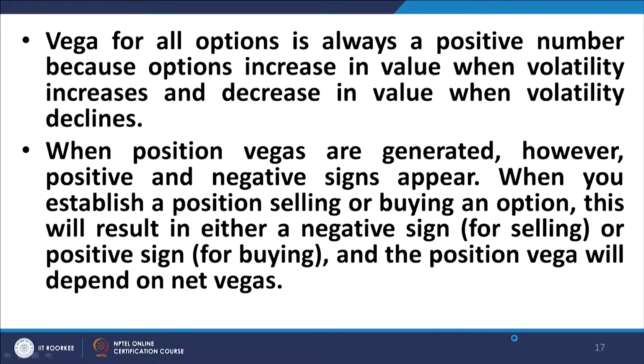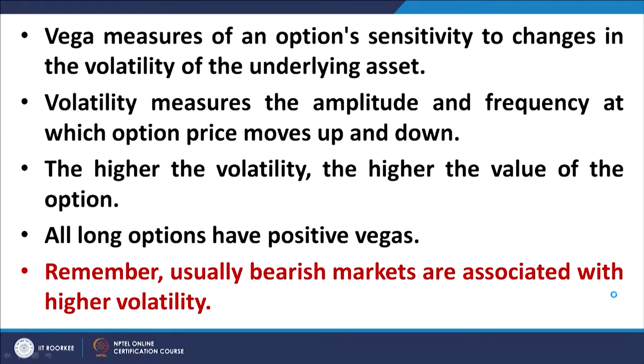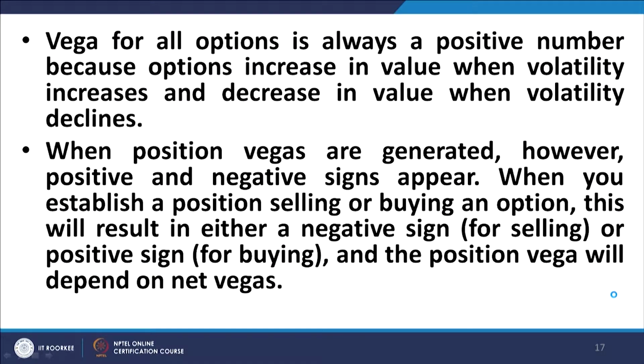So, Vega for a call is a positive number, as you can see from this. S is always positive, phi dash d1 being a PDF is always positive, and the square root of the time remaining to maturity will either be positive or 0. So, it cannot be negative. So, Vega can never be negative. It can be 0 as an extreme case or boundary condition, but otherwise Vega will always be a positive number.